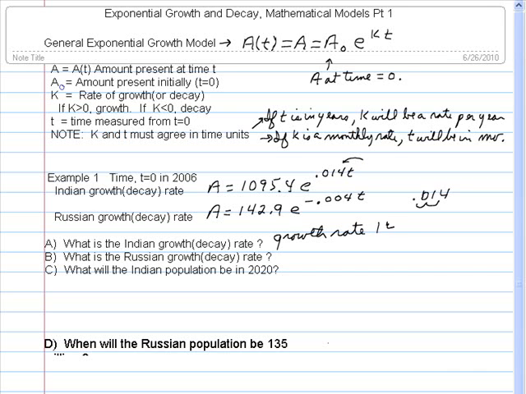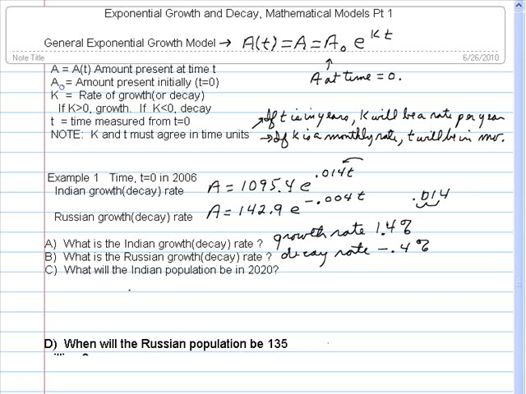So we would say growth rate 1.4%. In the Russian case, the k is negative, so that's going to be a decay rate or a decline rate. The population of Russia is declining, and again, you'd move the decimal 2 places, so it would be negative 0.4%.